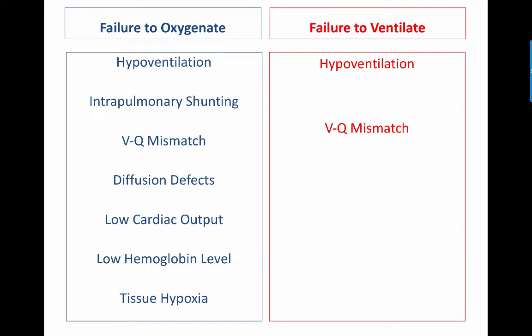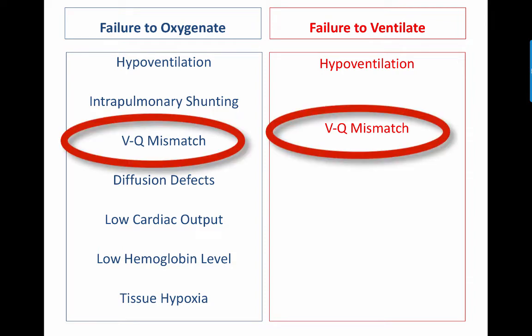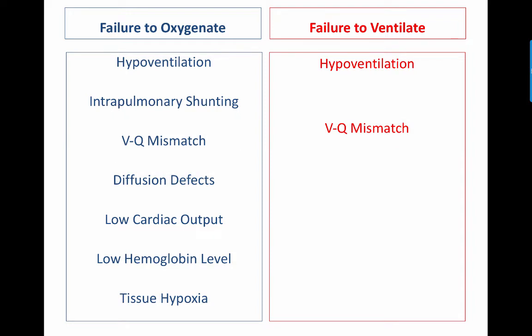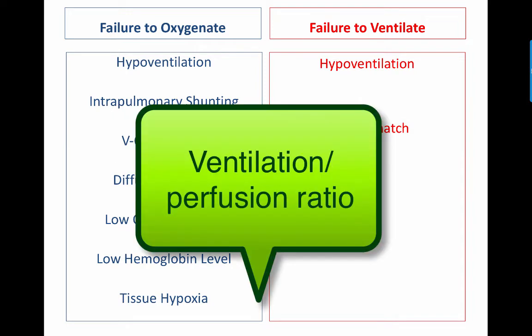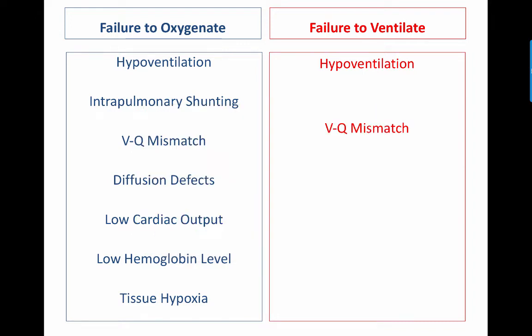So you can also have a VQ mismatch, where there's an imbalance between ventilation and perfusion. Normally we have a balance between ventilation and perfusion around the alveoli, and it creates a ratio of 1.0.